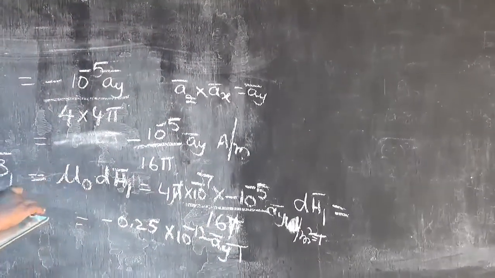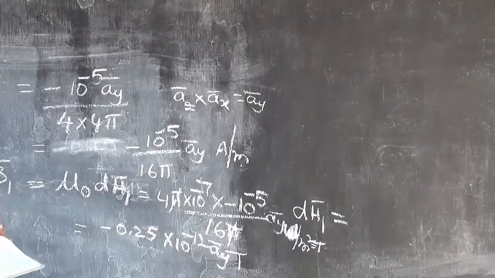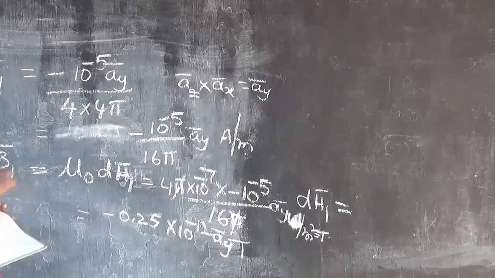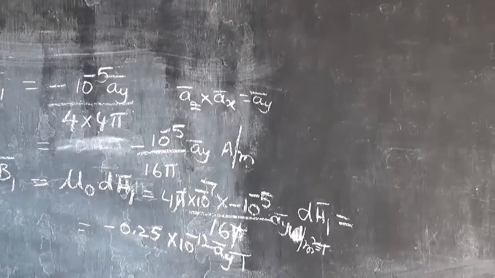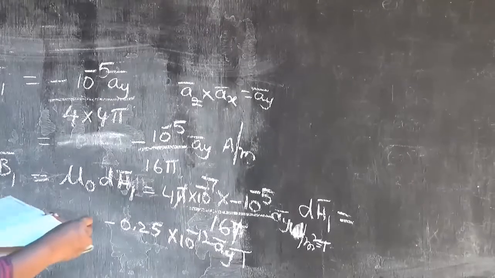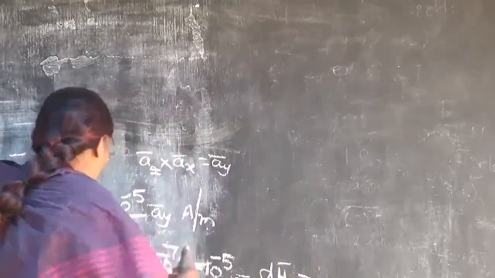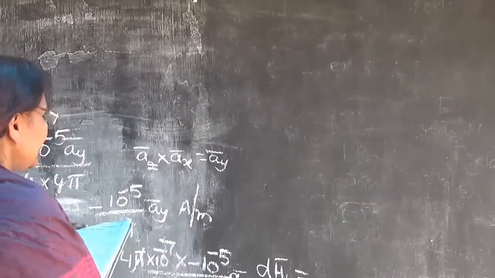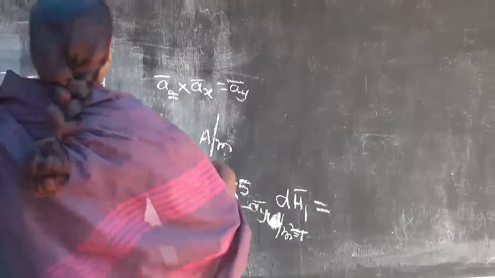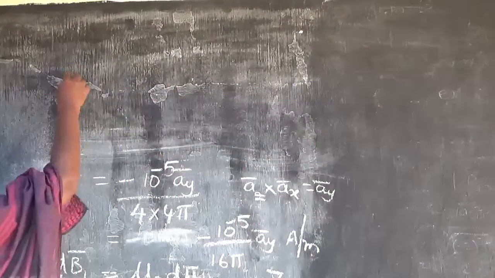You just remember Tesla as the unit, which is Weber per meter square, the magnetic flux density unit. So dB1 bar is minus 0.25 into 10 to the power of minus 12 AY bar Tesla. Now I will write here and continue there.